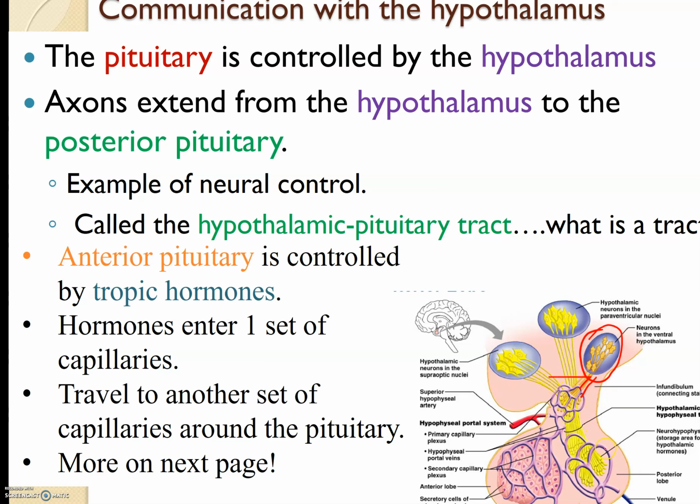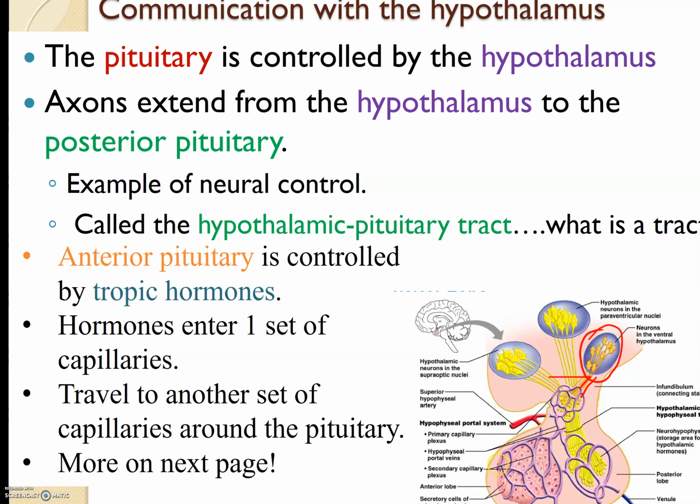But this is a blood vessel plexus. It is actually a weird arrangement of a blood vessel, which we'll talk about on the next slide. But these neurons secrete their neurohormones that all have inhibitory hormone or releasing hormone in their names. And those hormones are going to travel a total of 2 centimeters, 1 inch.